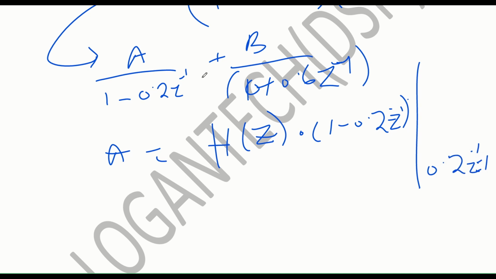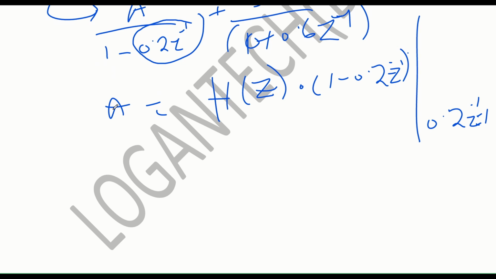Do you get it? If this goes to 1, the whole denominator goes to 0, and then we are only finding A. It's just knowledge from partial fractions being used. So we are assuming that 0.2z^-1 is equal to 1 so that we can find A.